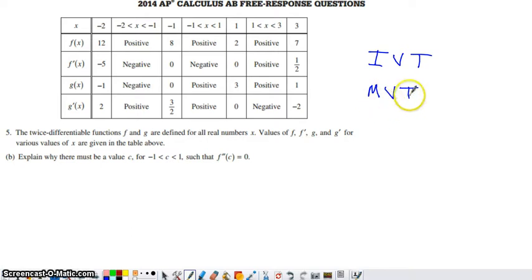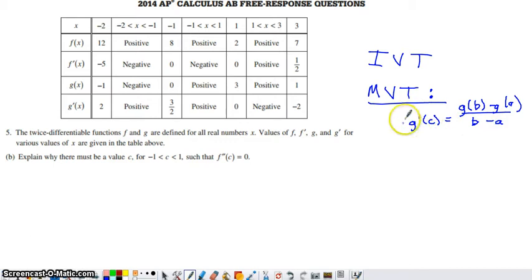But if you want to say something about a derivative equaling a certain value on a certain interval, mean value theorem is going to probably do the trick, because what the mean value theorem says, and I'm going to use a different function than you're probably used to, the function g, is that g prime of C would equal a certain number, found by taking the slope of the secant line connecting A to B on that curve.